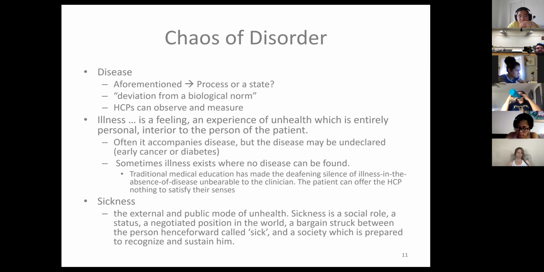An illness is an experience, okay? This is something that's personal. This is not necessarily observable, okay? And it may accompany a type of disease, but you may not be able to kind of define it. So you can feel ill, but most people might not be able to tell.